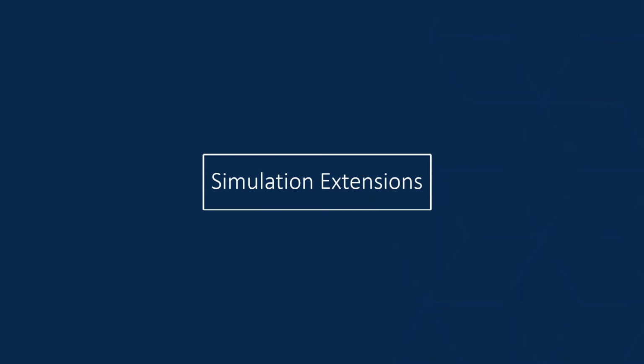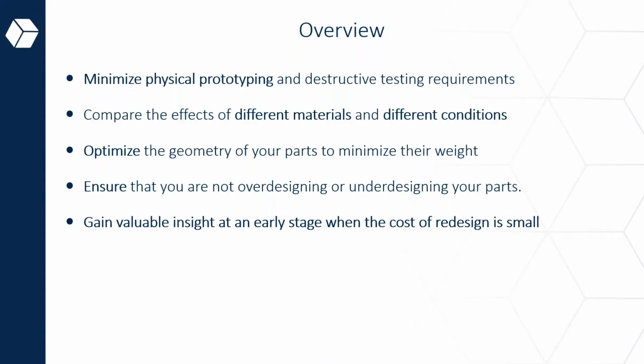So let's jump into simulations. What do we mean by simulation? Simulation is in a way part of digital prototyping. We can use the tools in the simulation workspace to minimize your physical prototyping and destructive testing requirements, in that you can test your parts digitally and online, so that you can reduce the number of iterations you have to do.